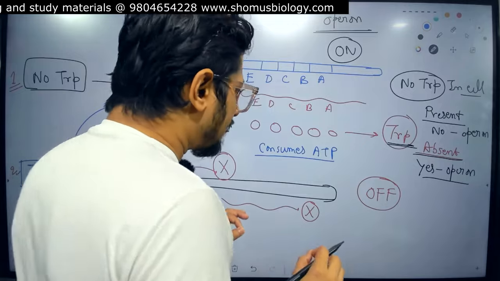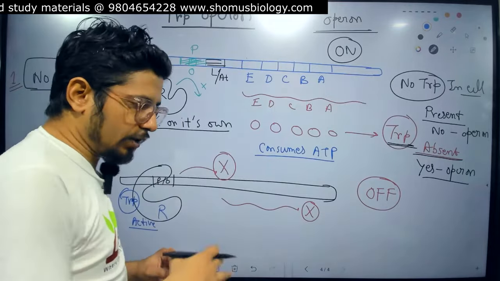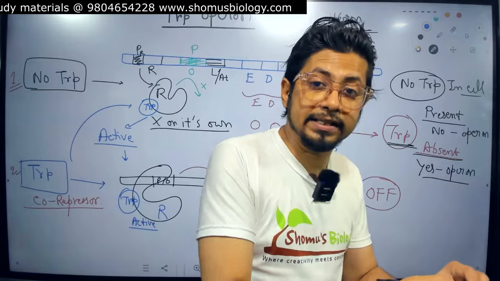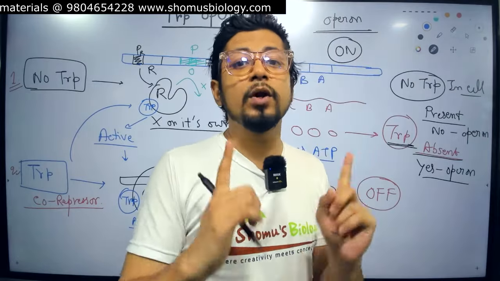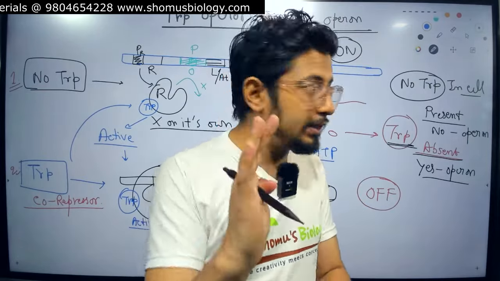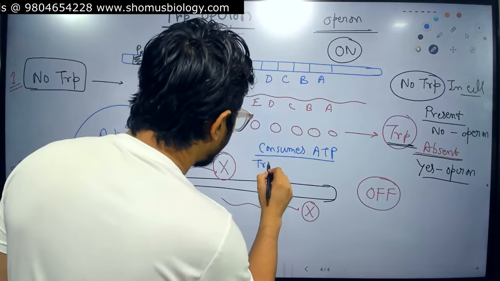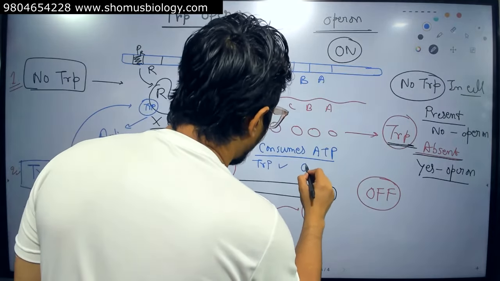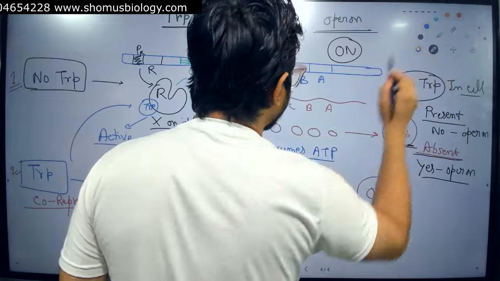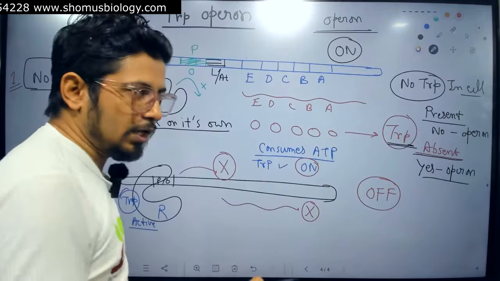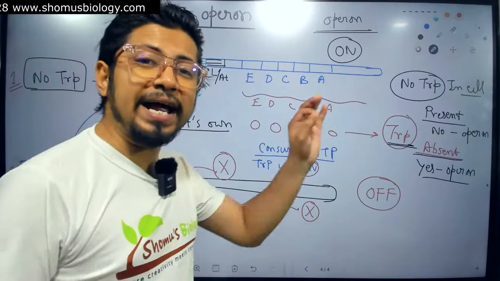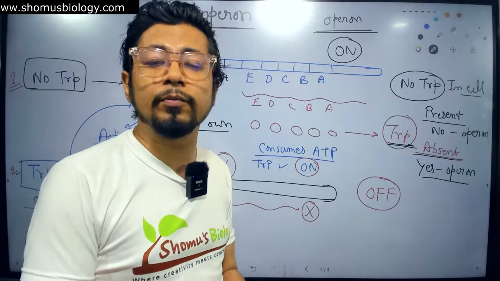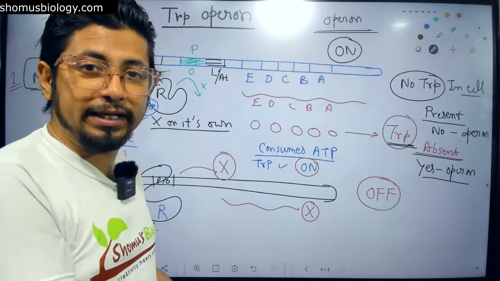So if somehow in our cell or in the environment tryptophan is present, and still this operon is turned on, that makes no sense for the cell to invest extra ATP to produce more and more tryptophan, where tryptophan is already present in the environment.